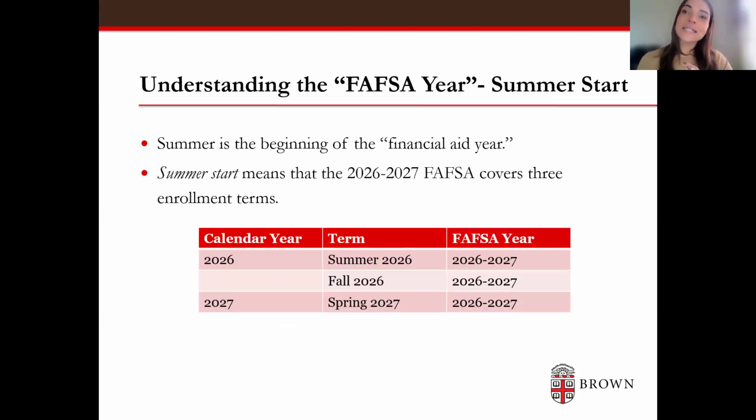These next couple of slides that I'm going to discuss talk about understanding an academic year based on the FAFSA application, because it can differ depending on at what time of academic year a student ultimately enrolls in their program. So this first slide is specific to students that enroll during the summer term.